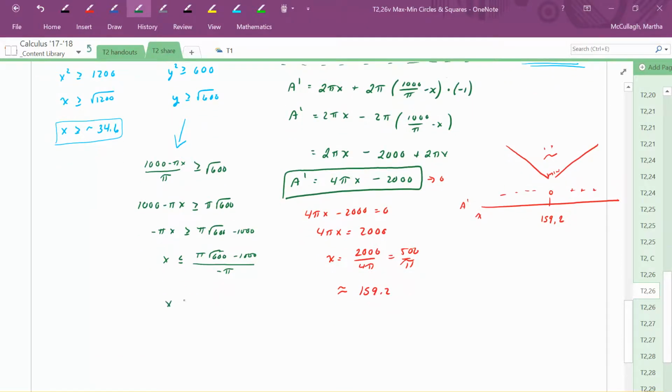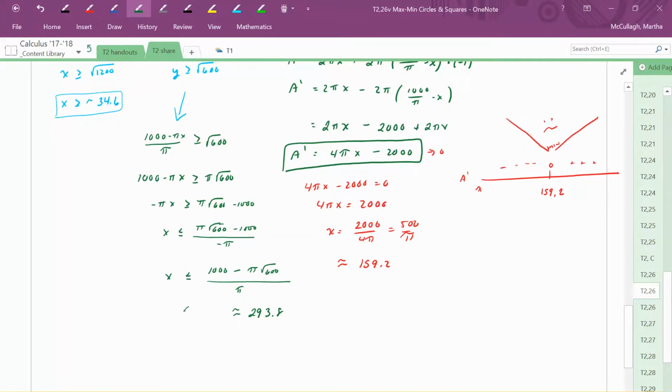So I've got x is less than or equal to, let's see, this is going to be 1,000 minus pi root 600. Yeah, because I just don't like having that negative in the negative. I got rid of that, multiplied top and bottom by negative 1 over pi, which is about 293.8.